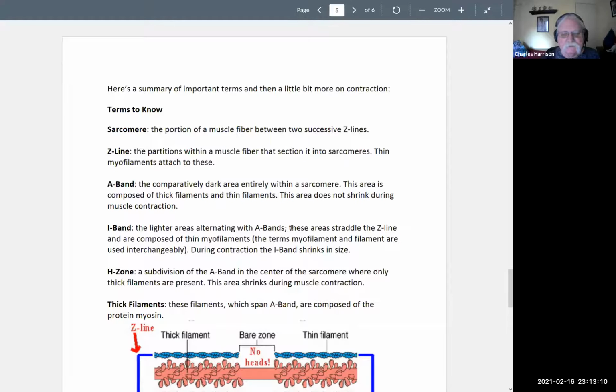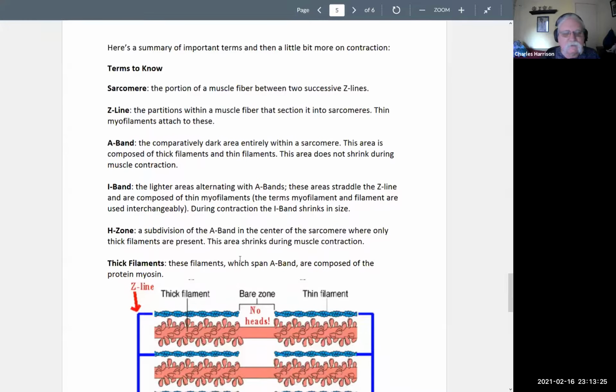You may not be able to kill it, but you can quick freeze it, and occasionally you get to see one. During contraction, the I band shrinks in size, and the H zone shrinks as well.